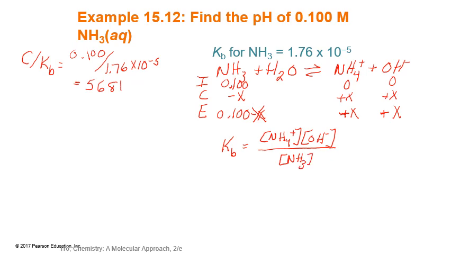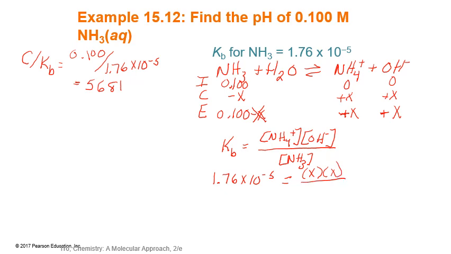We can now plug in our values at equilibrium into this equation. So our Kb, 1.76 times 10 to the negative fifth, is equal to X times X for the numerator.